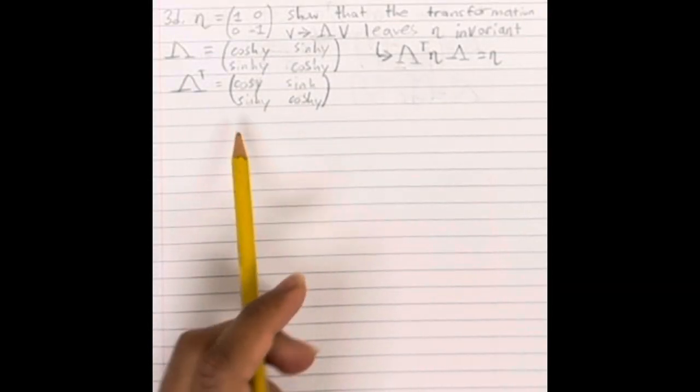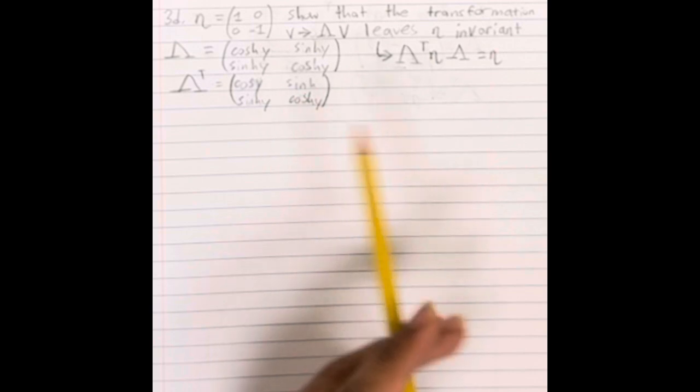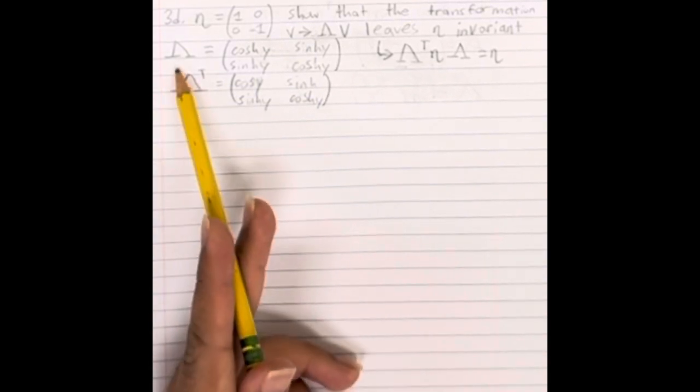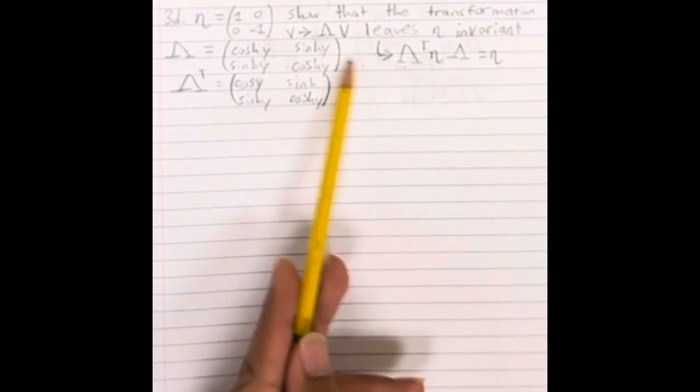Question 3d gives us the Minkowski metric and asks us to show that the transformation, where it's modified by lambda right here, leaves eta invariant. And that's shown right here.